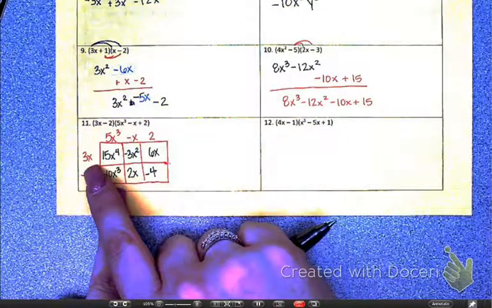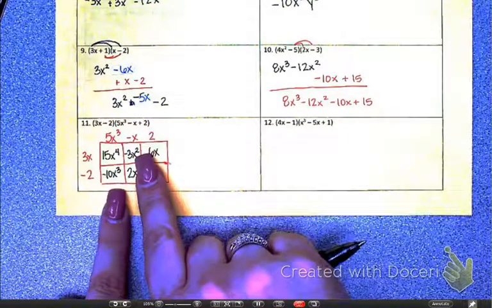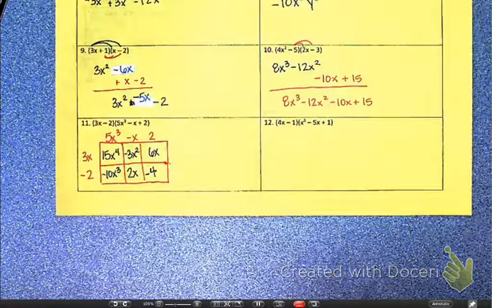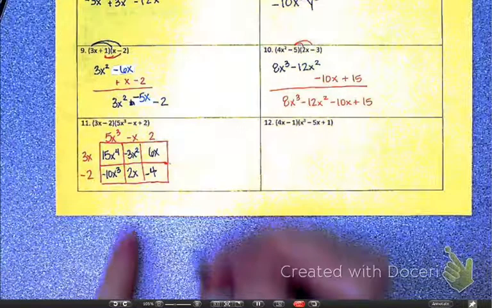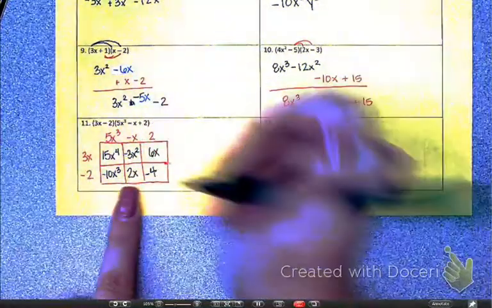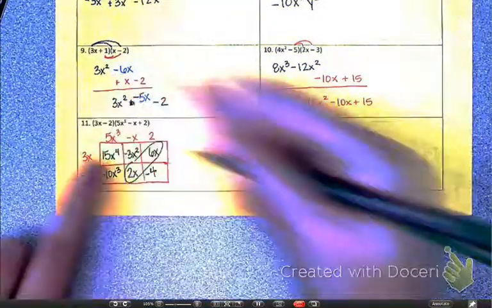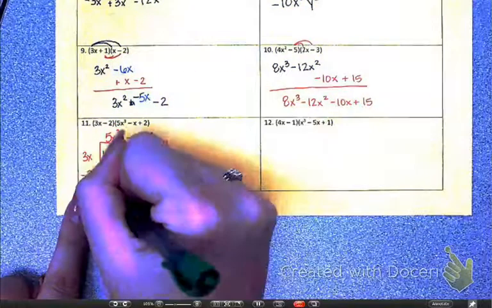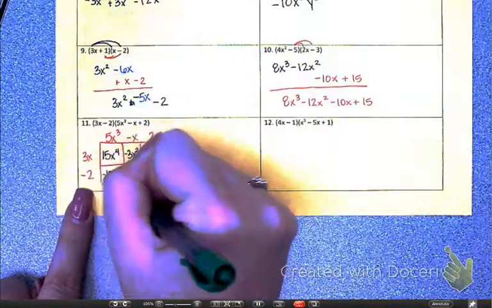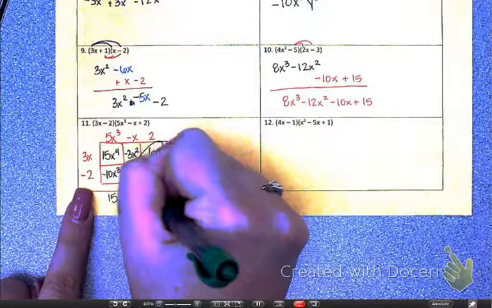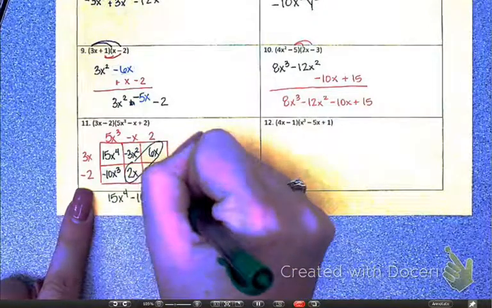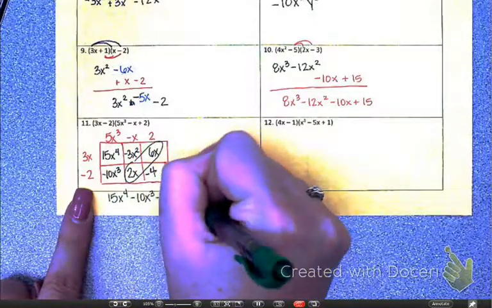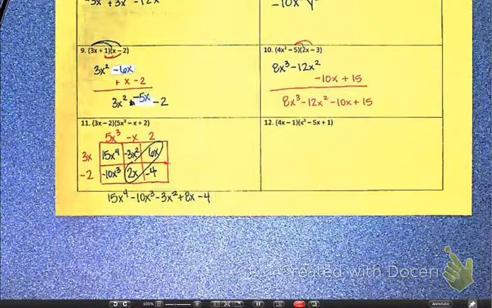So if I multiply again, x times x is definitely x squared, and that's x to the third. So I'm good. Are these like terms? Yeah. Which means I'm just going to rewrite all of these. So 15x to the fourth minus 10x to the third minus 3x squared plus 8x minus 4.